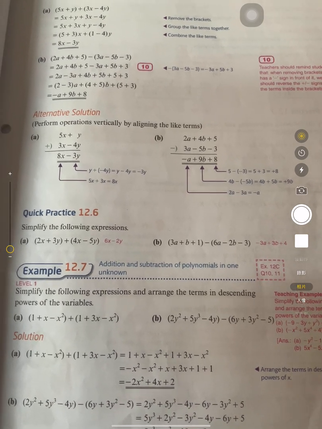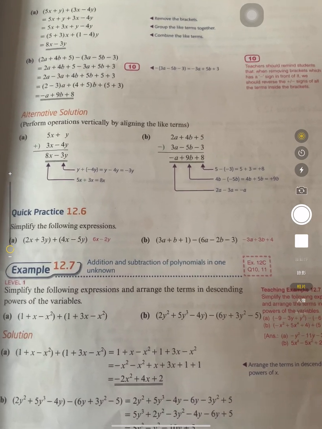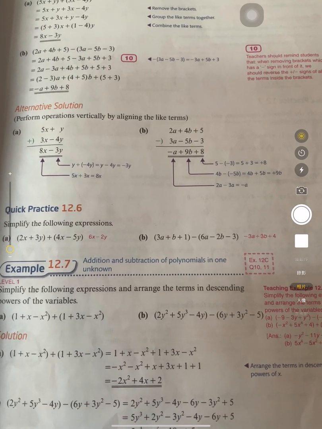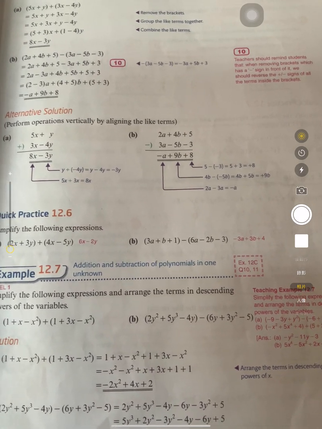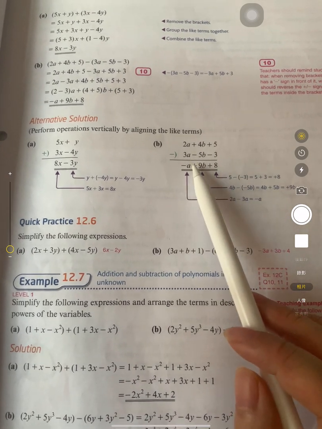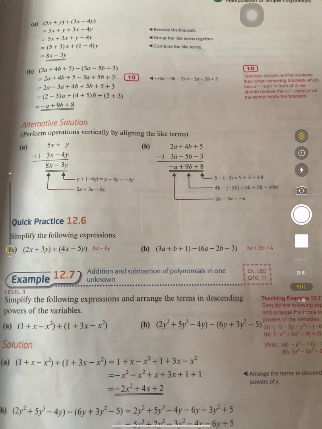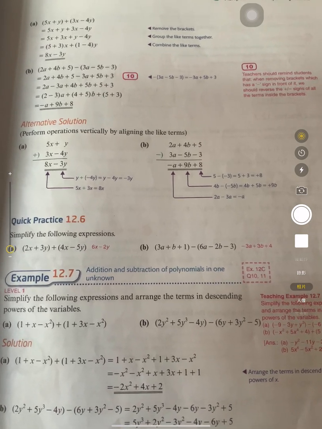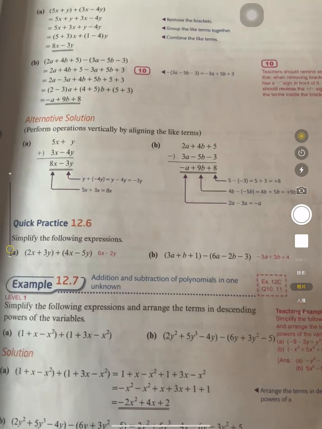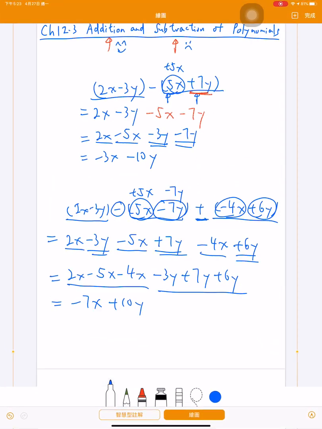So I will not teach you in here. You can look at the book by yourself to study by yourself. And also in your examination, usually it does not require you to use this kind of operation to find the answer. Okay, you can use back what we have learned in this video. Okay. So I will talk about some exercise in the next video.